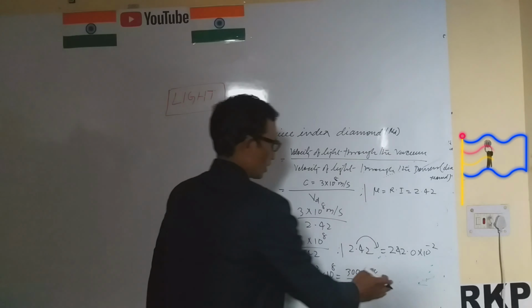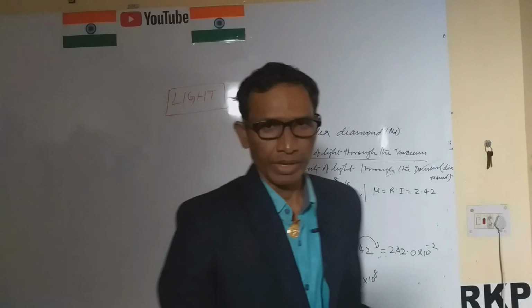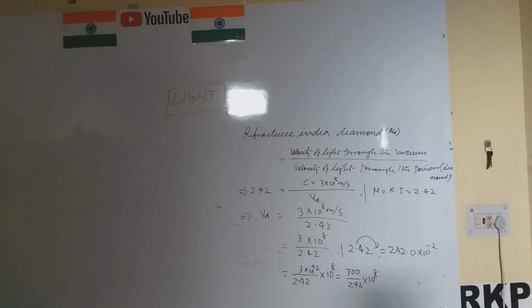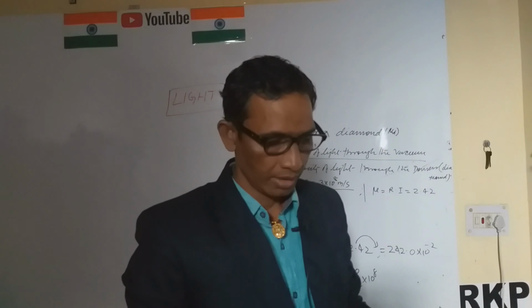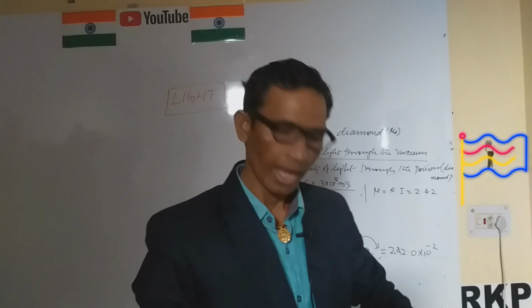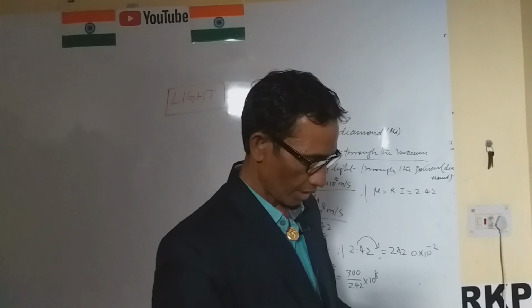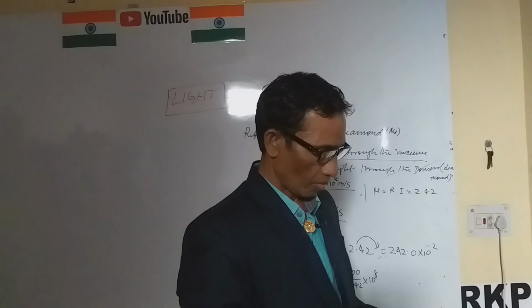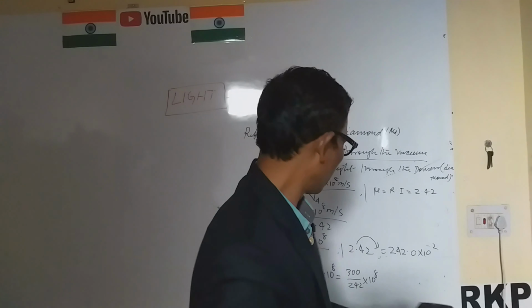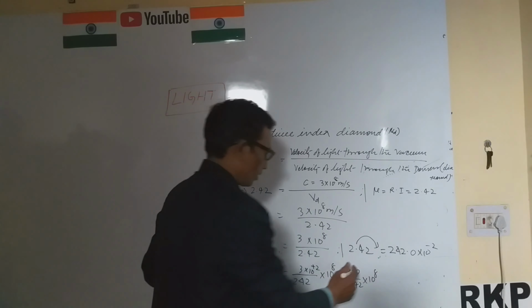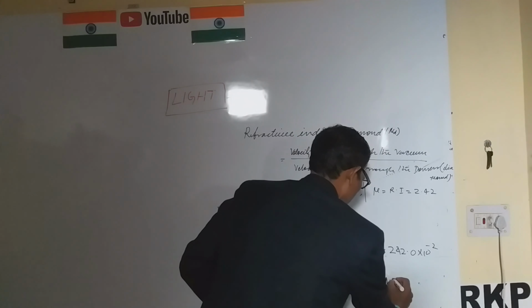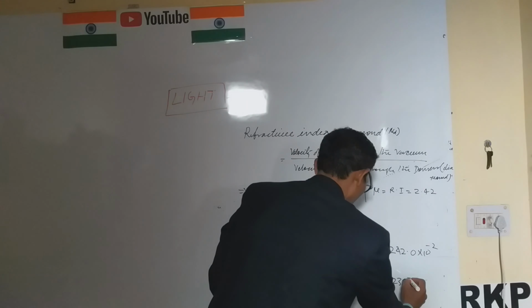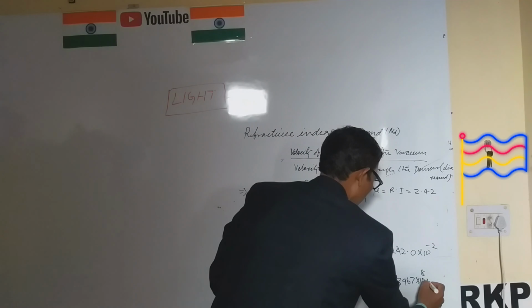The accurate value of 300 divided by 242 is 1.23967. So after simplifying, it is 1.23967 into 10 to the power 8 meter per second.